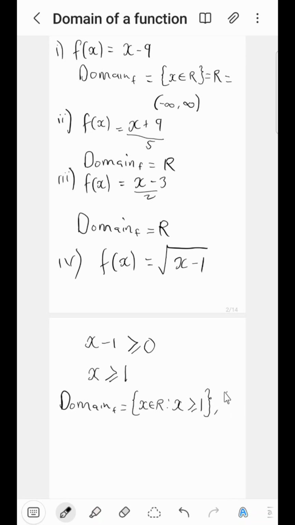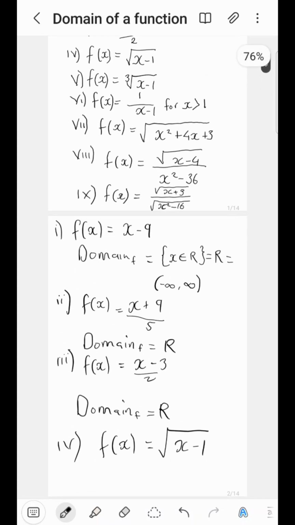Or you say 1 comma infinity. Like that, you've written the domain for that one. We'll move on to the fifth example.